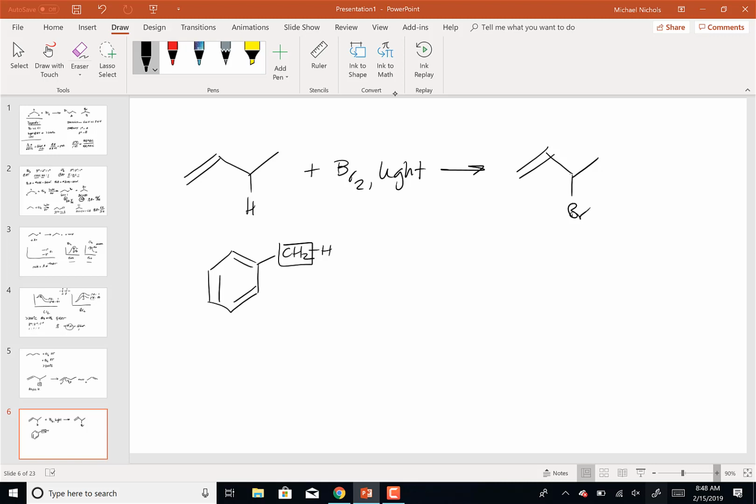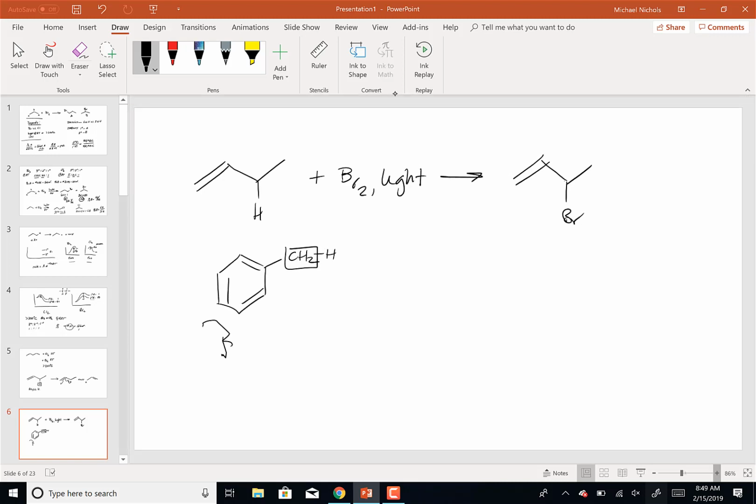Right? If I took my hand and covered up part of the ring, which doesn't work when I cover up the computer, it doesn't show up on the screen, but if I covered up part of the ring, what would I have? An allylic carbon. Except when it's attached to the benzene ring, it's called benzylic. It's going to be the preferred position of forming a radical when you have a benzene ring.